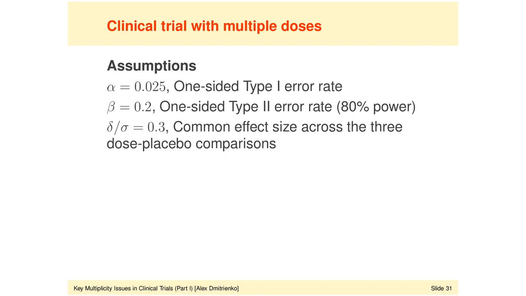And finally, we're going to assume a common effect size across the 3 dose-placebo comparisons. This effect size is defined by dividing the true delta, the true mean difference at each dose, by the common standard deviation sigma. We're going to assume that this ratio is equal to 0.3.